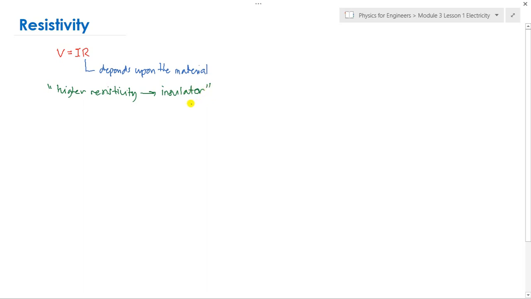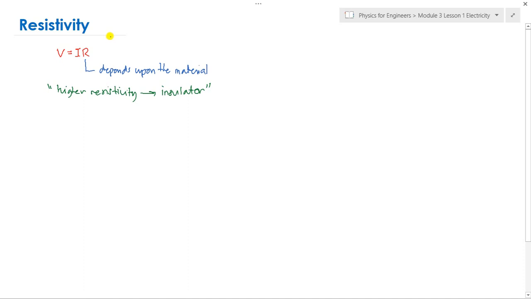Okay? So if there is high resistance or high resistivity, we say that the material is an insulator. And again, resistivity and resistance are different parameters. Resistivity is the property of a material, while resistance is the magnitude of the material's resistance to the flow of current.